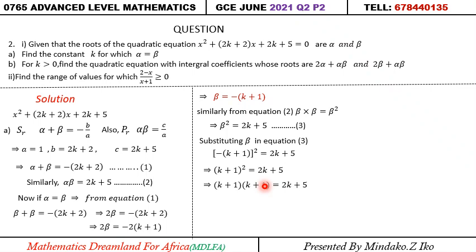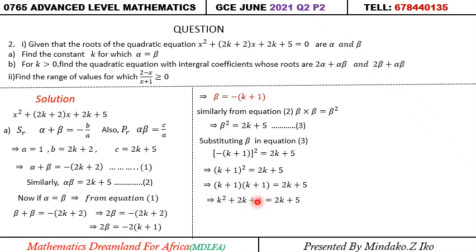So at the end of the day, I will have k times k, k squared, k times 1, 1k, 1 times k, 1k, and 1 times 1, 1. Therefore, I will have k squared plus 2k plus 1 being equal to 2k plus 5. This is actually a quadratic equation.